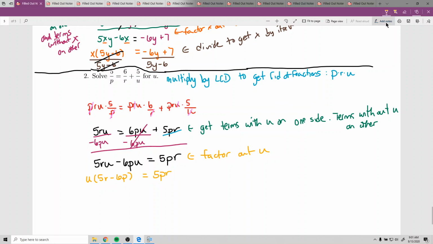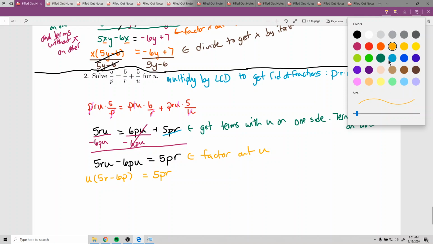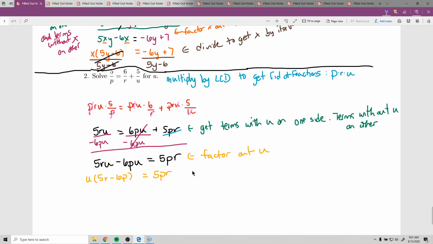We have equals 5pr. And then the final step, just like last time, after we factor out, we divide by that 5r minus 6p. So we divide each side by the 5r minus 6p.